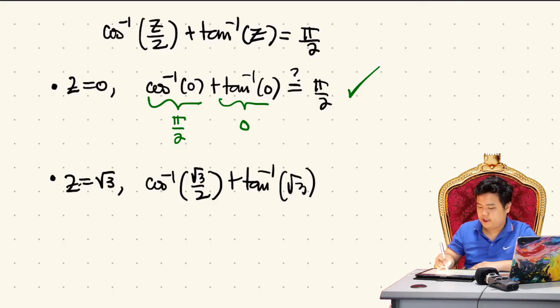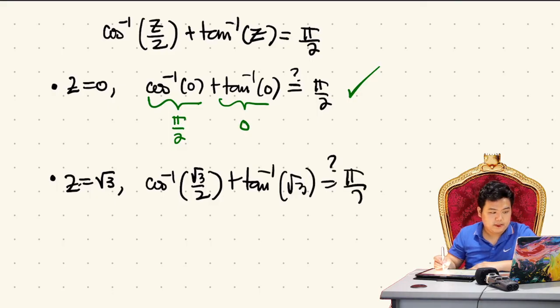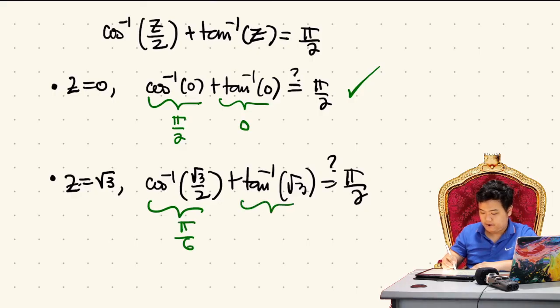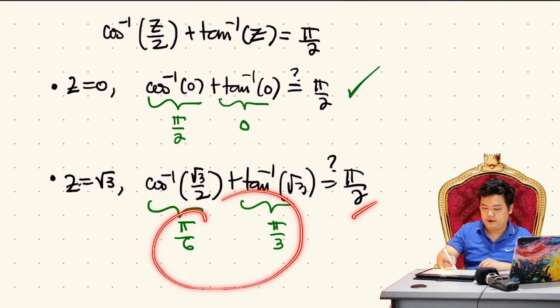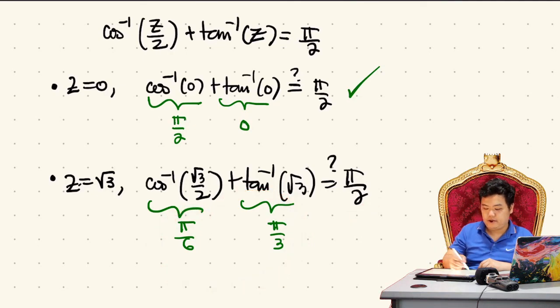Equal kaya siya sa pi over 2? This is pi over 6 and this is pi over 3. And yes, when you combine this, you get pi over 2. So check. So meaning solution ito.